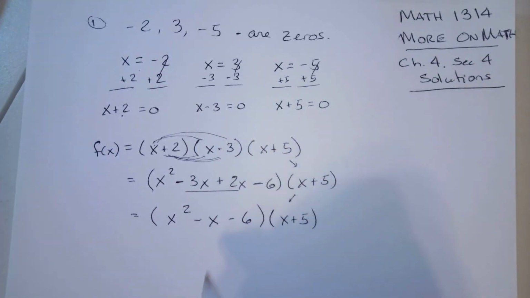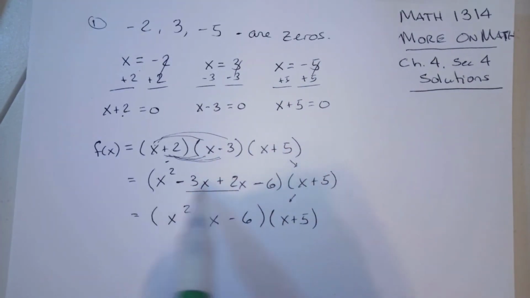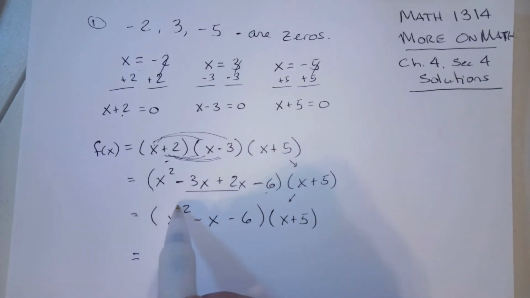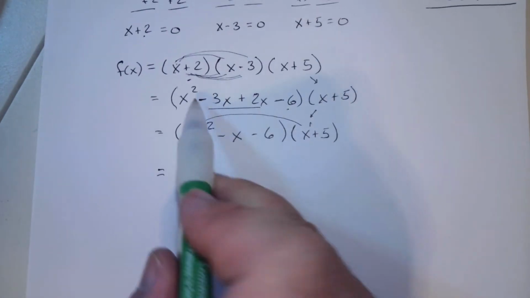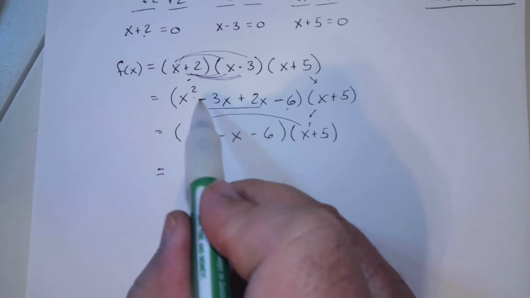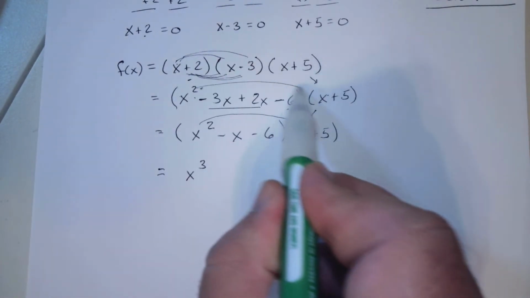Again, our objective is to get rid of all the parentheses. We got rid of these first two. Now we get rid of these. X squared times x, positive times positive is positive. X squared times x to the first is x to the third. Remember, you add the exponents, 2 plus 1 is 3. That's the first one.